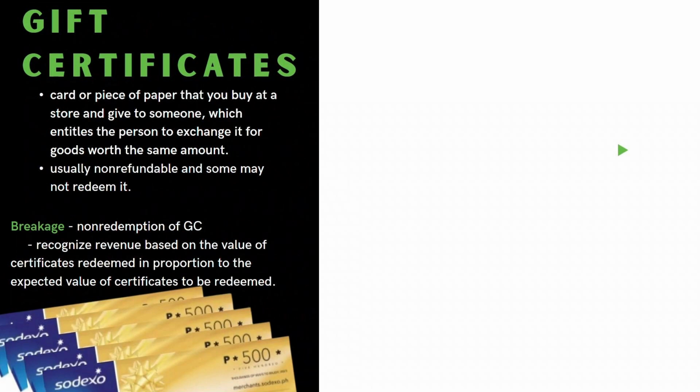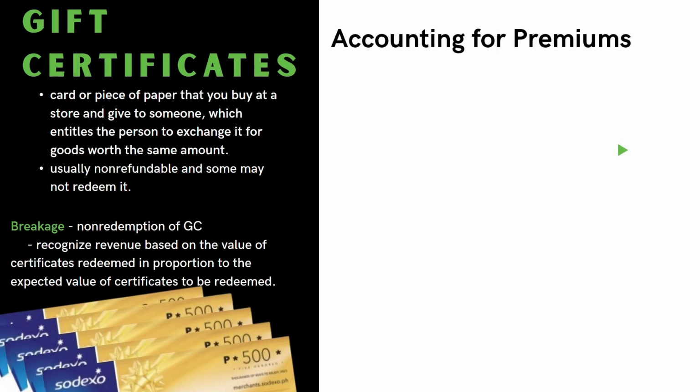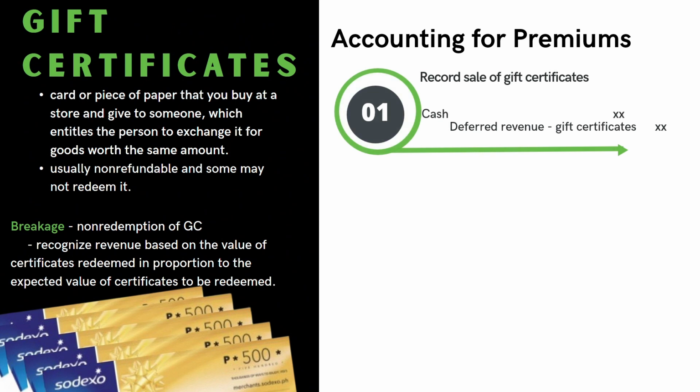So to understand more, let's go here. Let's discuss first the journal entries related. During the recording of the sale of the GCs, first is debit cash, because you sold them, so you received cash.